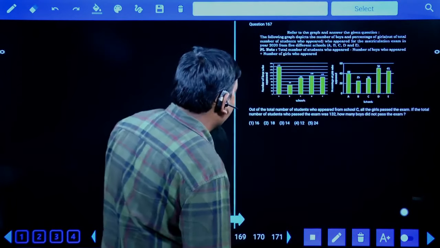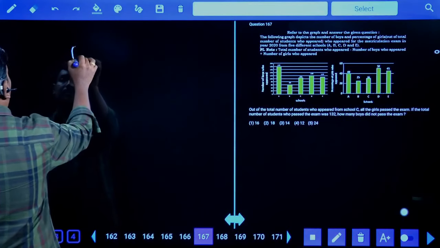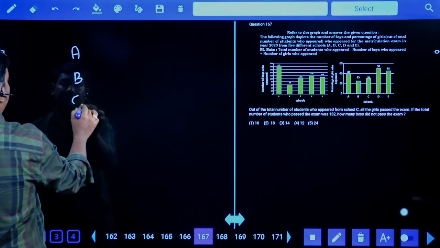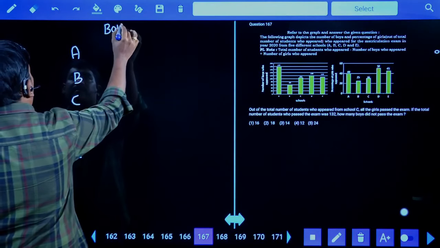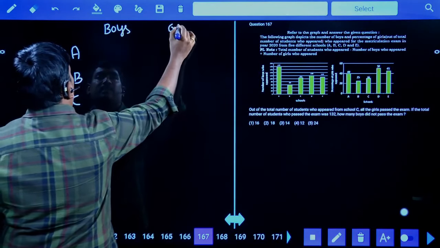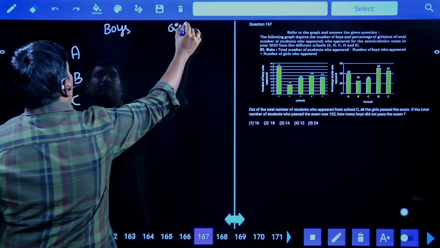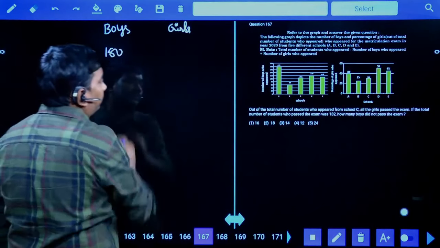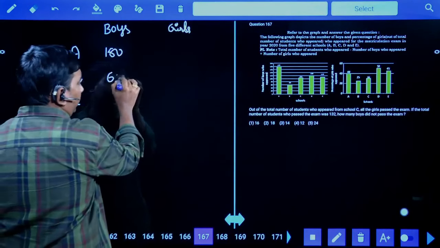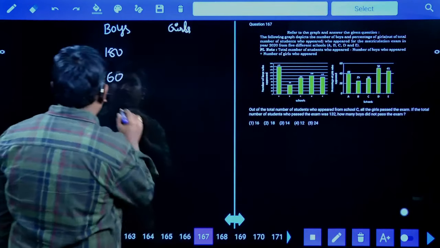Schools A, B, C, D, E. These are boys, and this is percentage of girls. School A, 180 boys appeared. School B, 60 boys. School C, 100 boys.